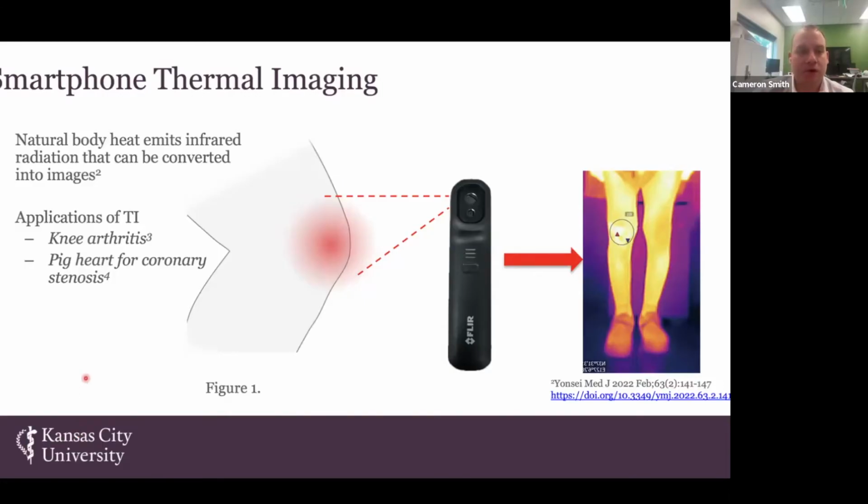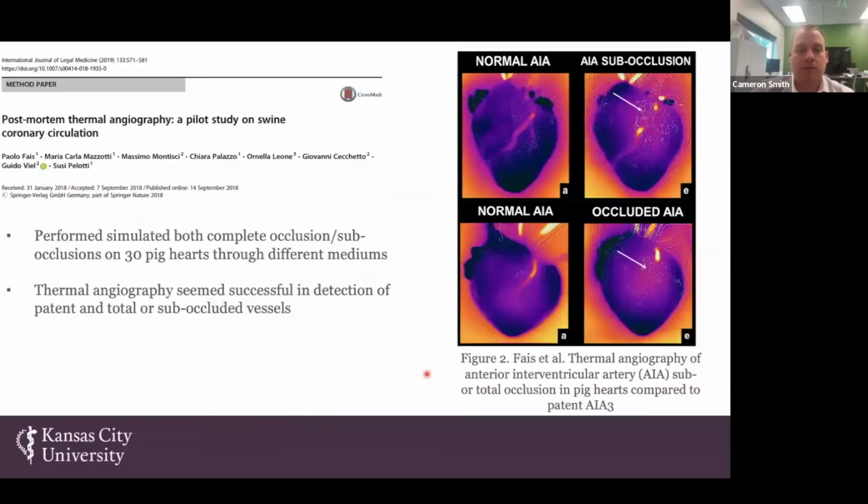One of these studies was looking at coronary stenosis in pig hearts. The results of this study from 30 different pig hearts were deemed successful, not only looking at normal vessels with normal patency, but they were also able to see suboccluded and totally occluded arteries of the heart.